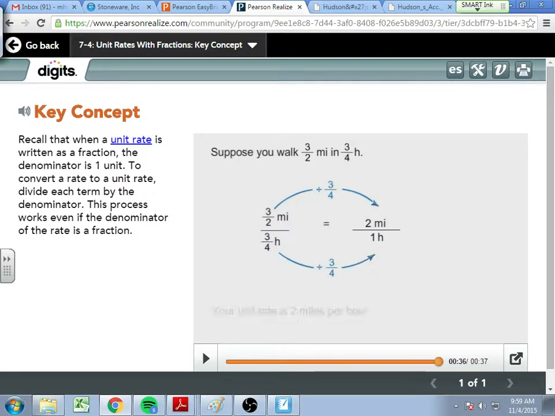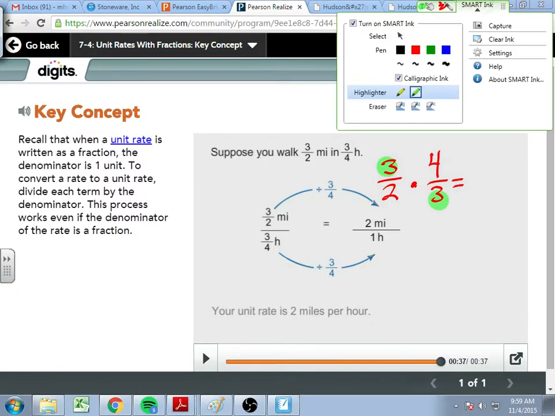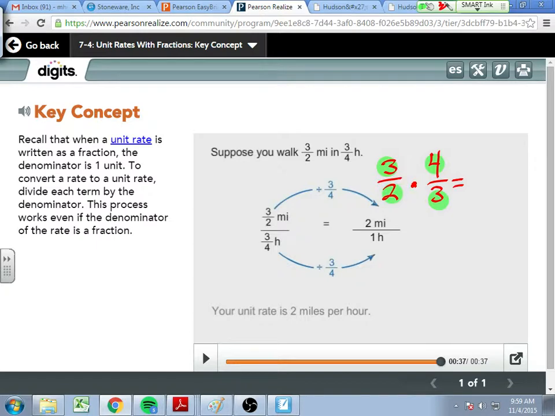So what's actually happening is 3/2 times 4/3. These 3's can cross cancel out. My 4 and my 2 can cross reduce to 2 and 1, and I just get 2/1, or 2 miles per hour.